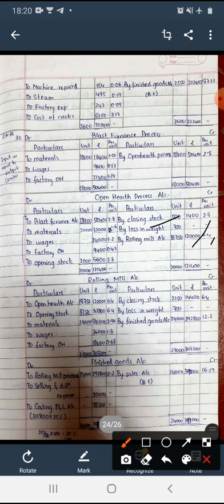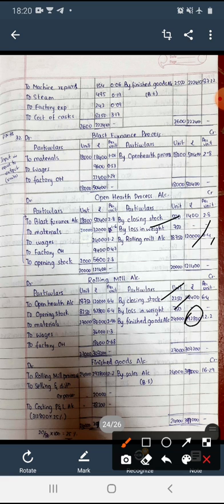Next, the rolling mill account. Under this also transfer the opening stock, then the transfer from the previous process, materials, wages, factory overhead. Then write the closing stock. Then write the finished goods account, which is 24,000 units, and write the loss in weight.